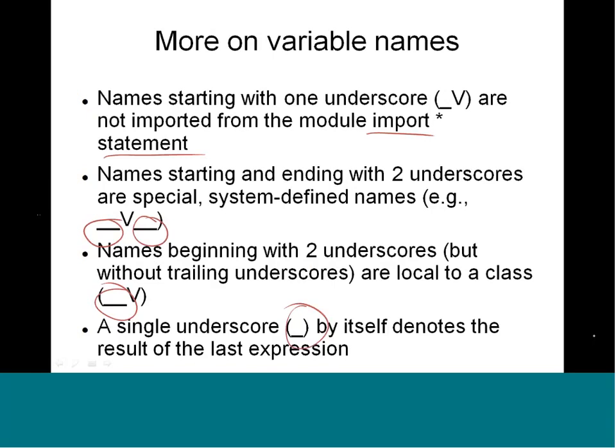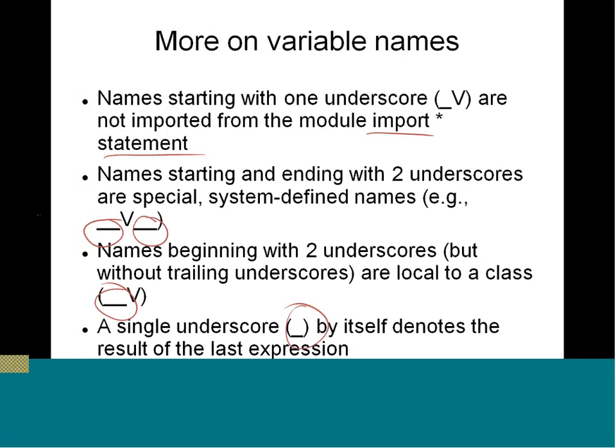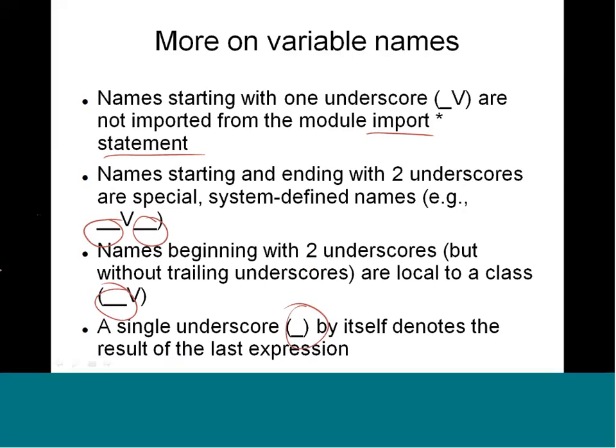We also saw some more rules for the variable names. A single leading underscore is to show that they're not imported from the module import statement. A name starting with double underscore is a special or system defined name.